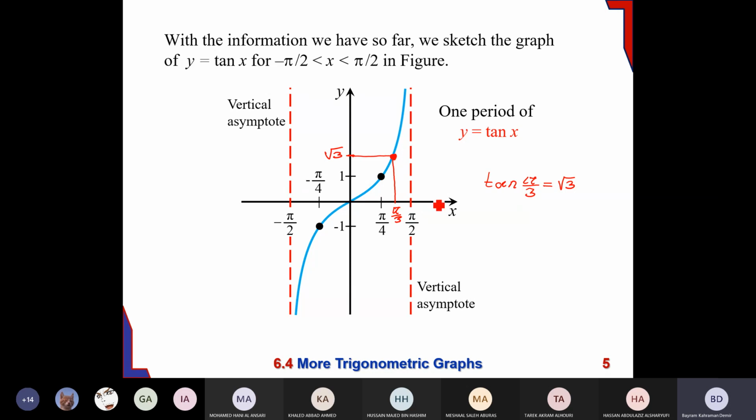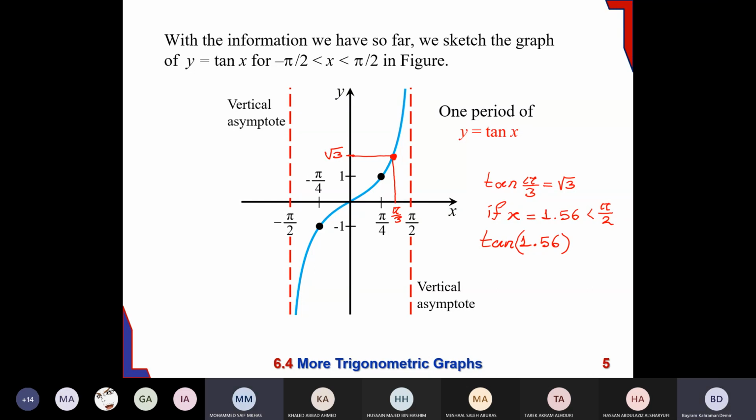So if x is equal to 1.56, which is quite close to pi over 2 but a little bit less than pi over 2, then what happens to tangent of 1.56 radian? Is it undefined?